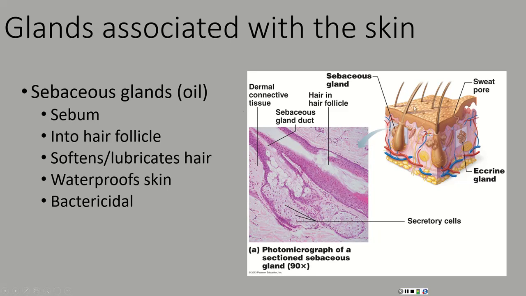As it spills out onto the surface of the skin, it waterproofs the skin, kind of similar to what we saw with the keratin before. It waterproofs the skin. It also is bactericidal. As it spreads across the skin, it kills off bacteria. It prevents new bacteria from wanting to live there.